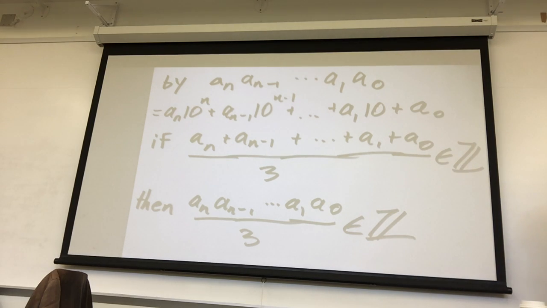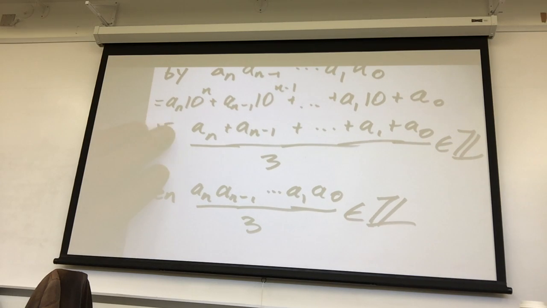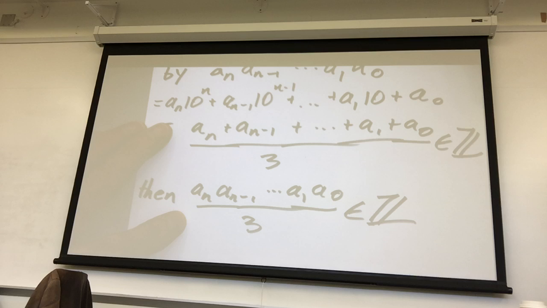Okay. So what we're going to do is go along this assumption right here, and we're going to try to show this. So we are going to investigate. What are we trying to prove?